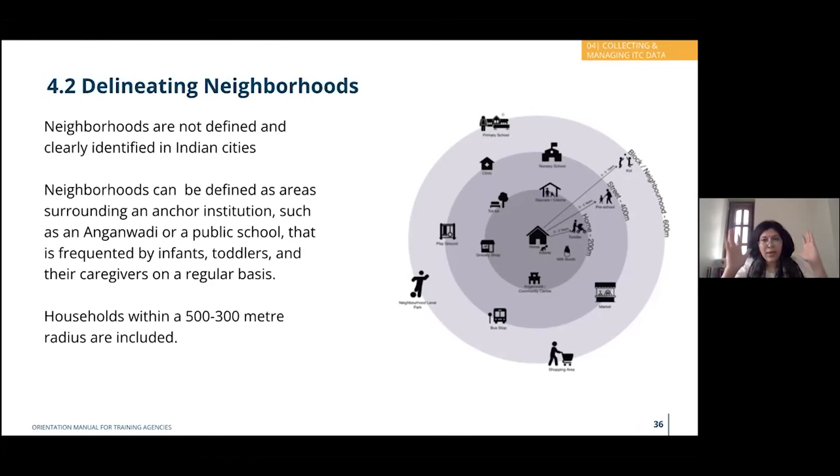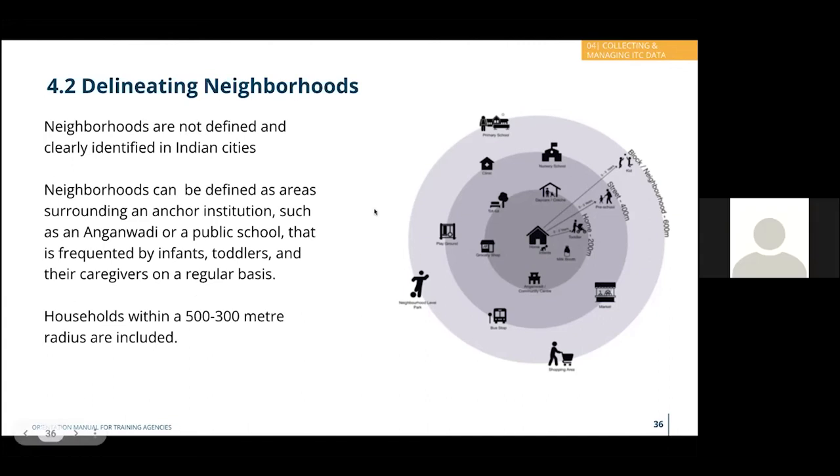That's one way of identifying neighborhoods and starting this process of collecting data and arriving at indicators. The other way could be the ward level delineation itself, because all the Anganwadis and schools are allocated ward wise.